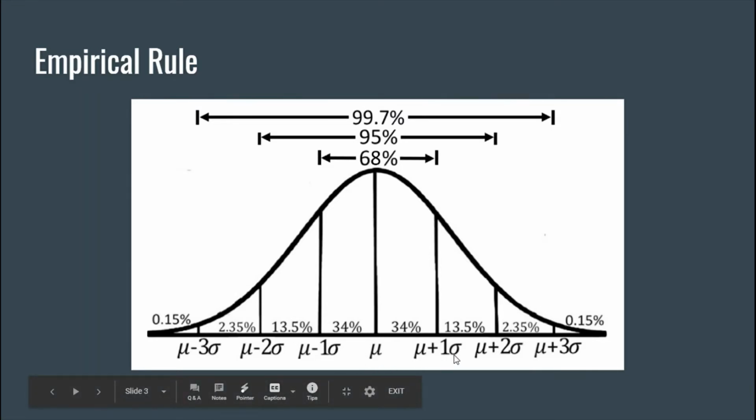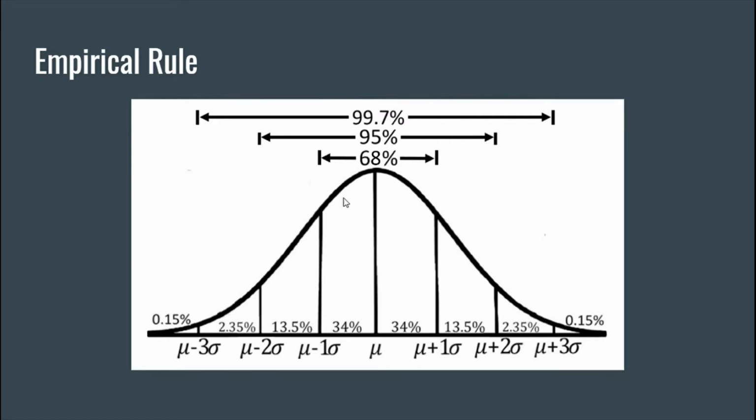This symbol right here that looks like a little circle or a little O with a hat is a lowercase Greek letter sigma, and we use that to represent standard deviation. So this is 1 standard deviation, 2 standard deviations, 3 standard deviations above the mean, and the same below the mean. Up here are the numbers I want you to pay attention to.